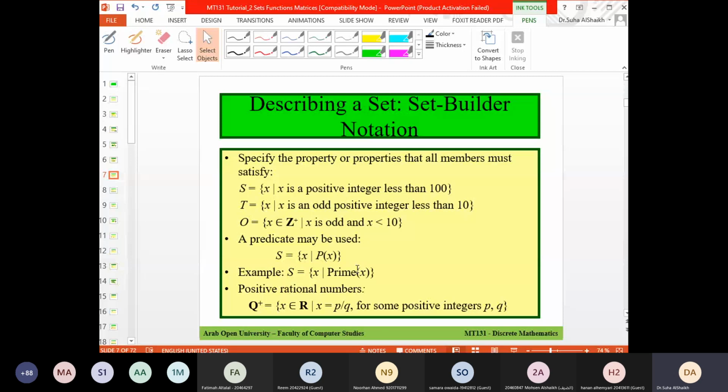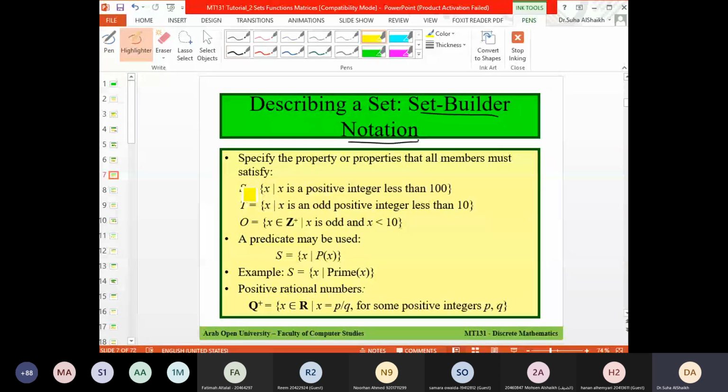Now describing a set, how to write the set. We can write a set by listing the elements, in which I have elements 1 2 3 4 5. These are the elements that I have, or we can write it using what we call the set builder notation. How is that? Let's see examples.